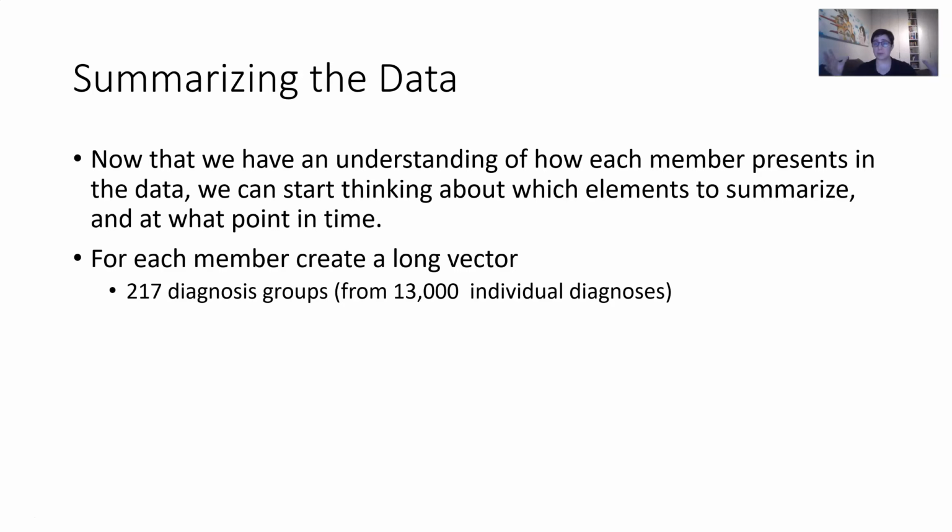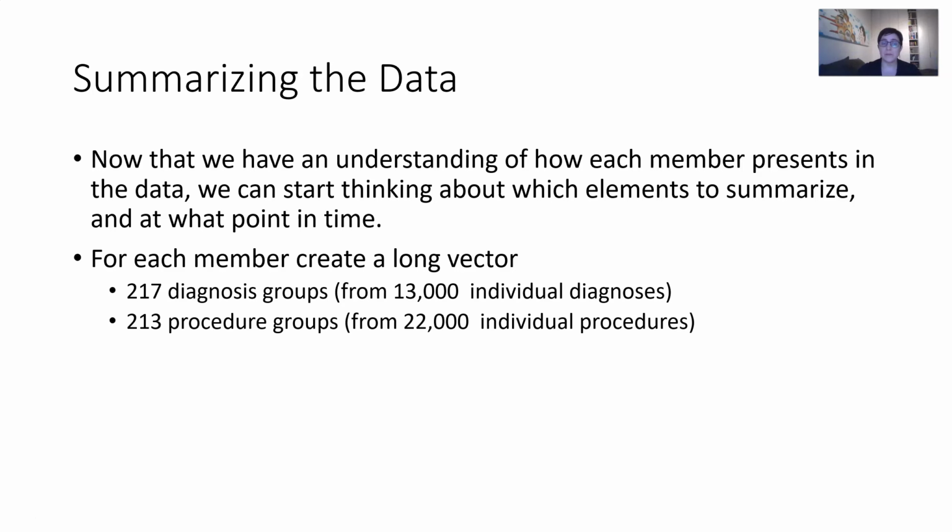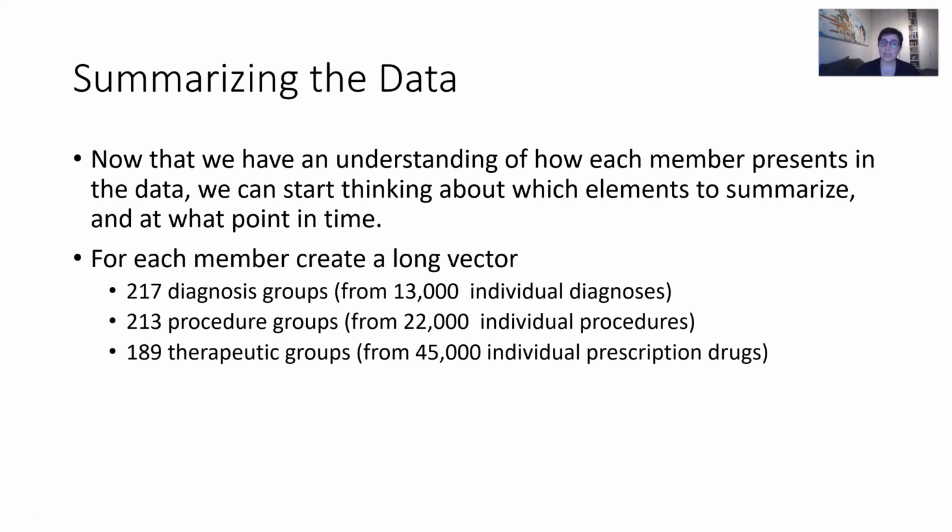For each member, we created a very long vector where we try to summarize the patient journey over the past 2 years. So we grouped, like I talked about earlier, all the different ICD-9 codes into diagnostic groups. We did the same for procedures and for the prescriptions.